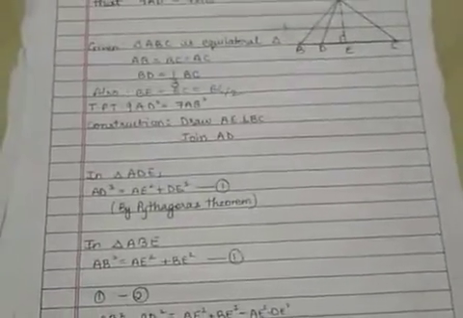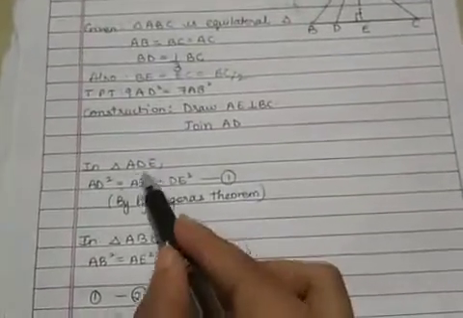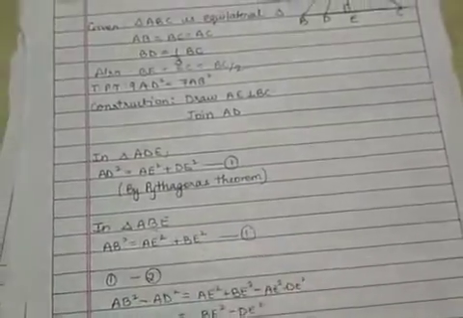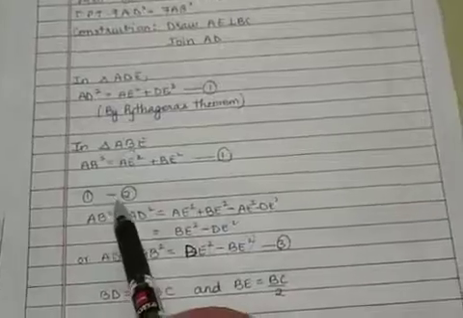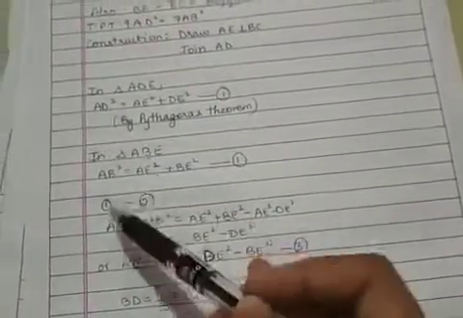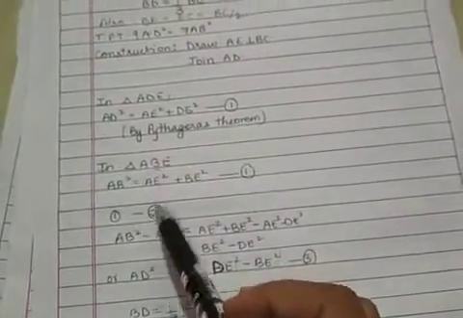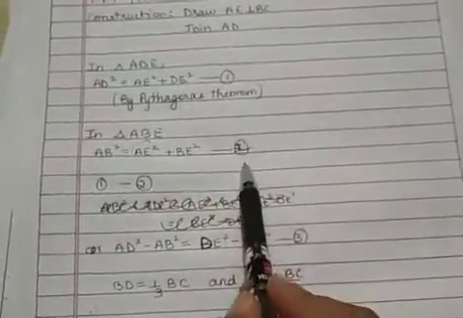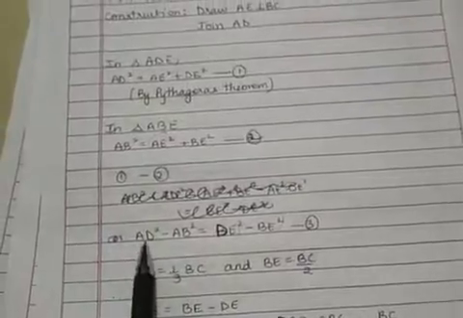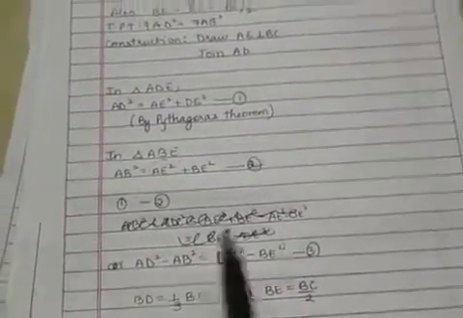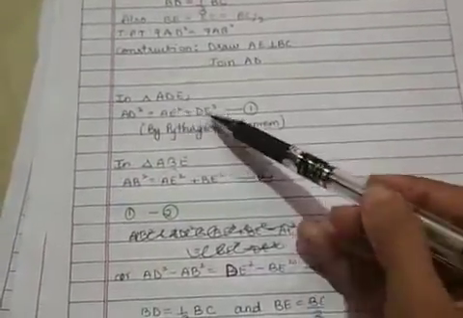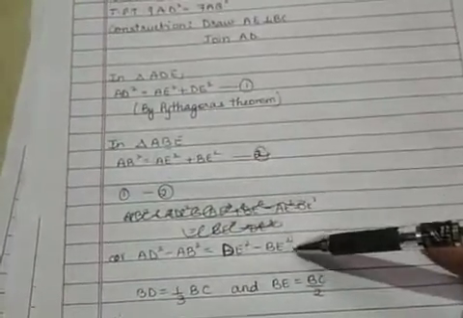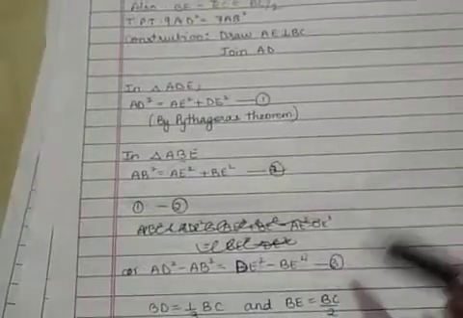Here also we have AE and here also we have AE, so let us subtract these two equations. On subtracting 2 from 1, we have AD square minus AB square is equal to DE square minus BE square, as AE square gets cancelled. Let us number that equation as 3.